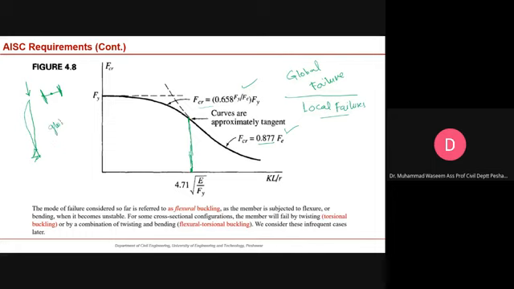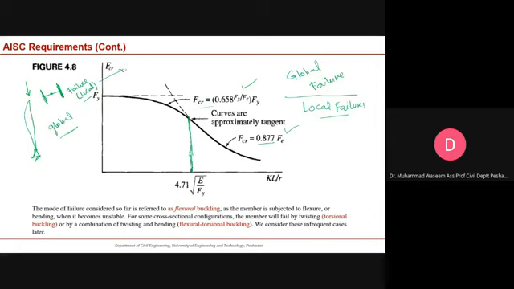Or the failure in flexure, you can say, because flexure represents the global failure mode of slender compression members, our slender columns. But there is a possibility that this part of the member can also buckle and fail locally. This is local failure. What is meant by local failure, and what causes it?